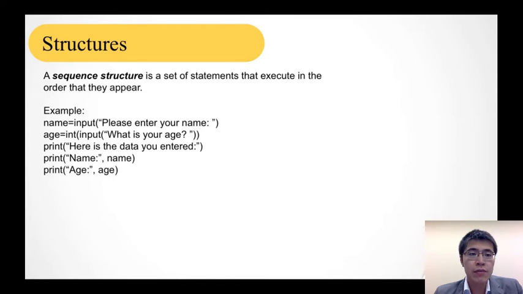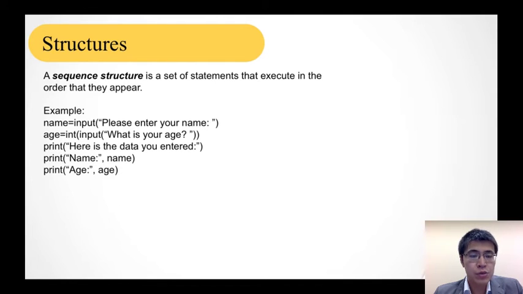You give your name to the computer and Python reads it. And in the next line, you say age is equal to int input, what is your age. You give your age number and that number is transferred into the int type of variable in Python.